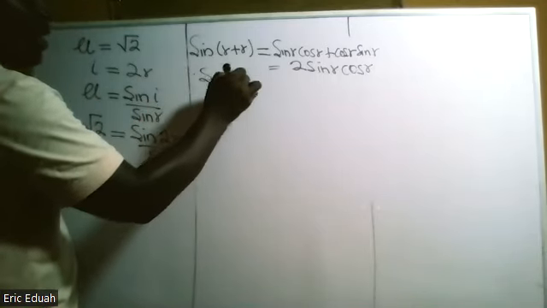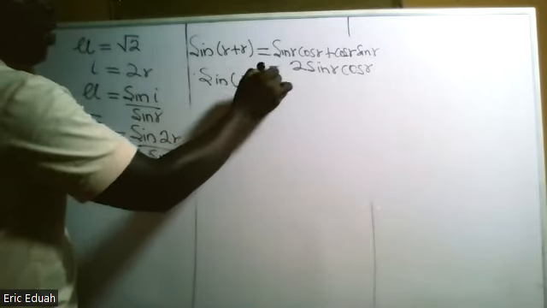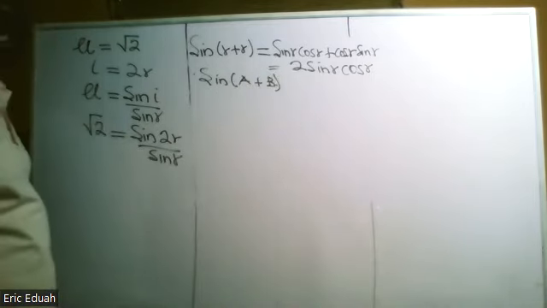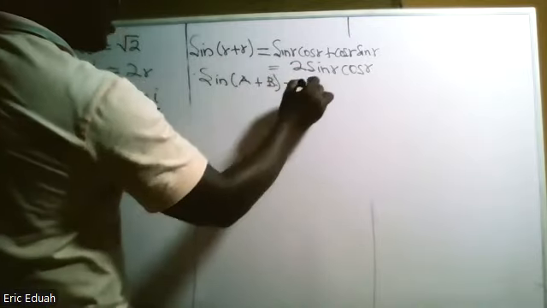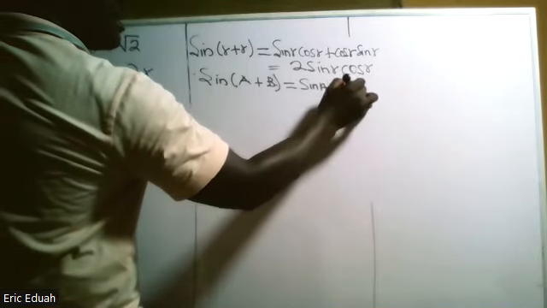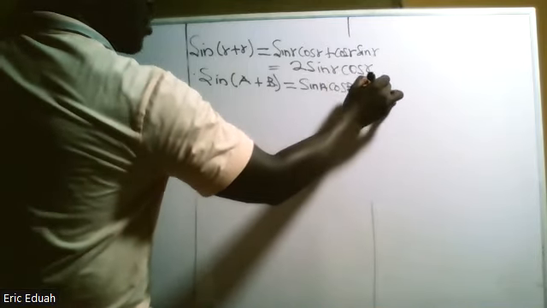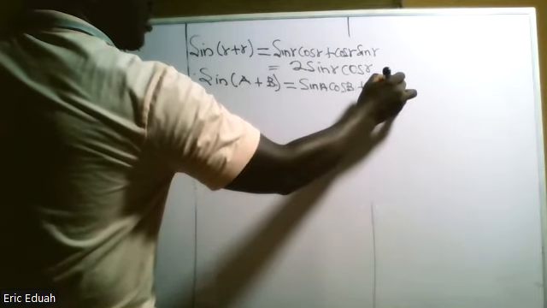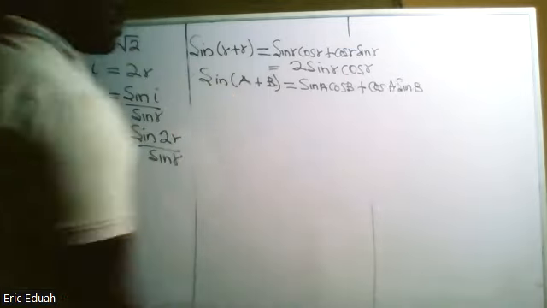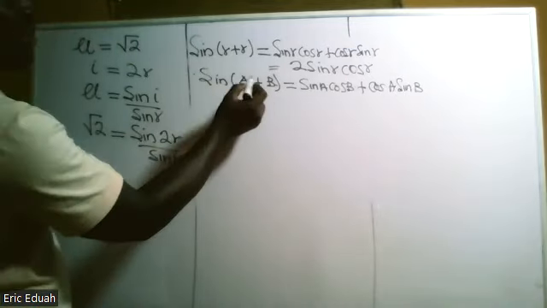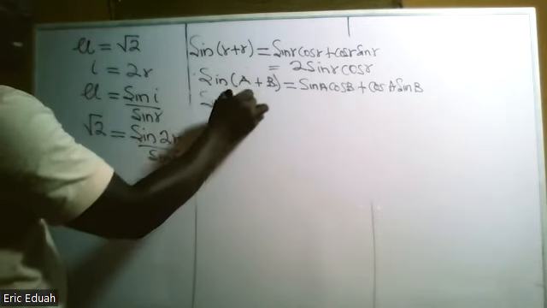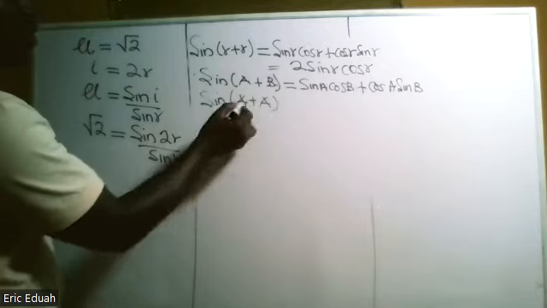Applying this, when you have a double compound angle, sine of a plus b, the expansion of this is equal to sine a cos b plus cos a sine b. But here the angles are the same, r. So it's like having a plus a, 2a.